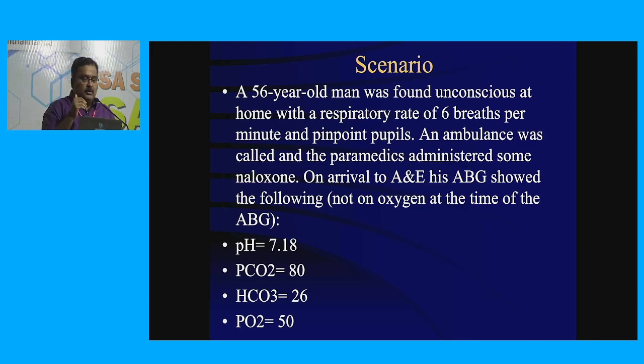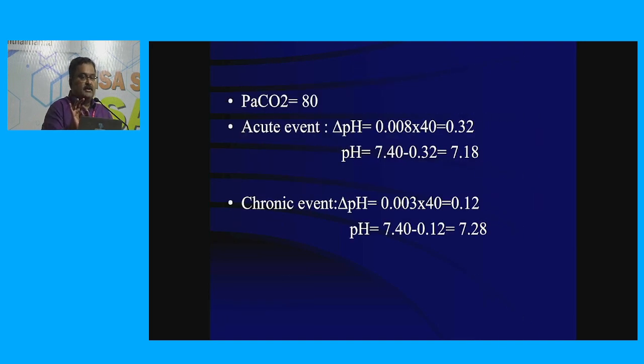If it is an acute event, the change in pH will be 0.008 into 40, that is 0.32. You subtract it from the normal pH of 7.4 and you get 7.18 as the pH. That is in an acute event.